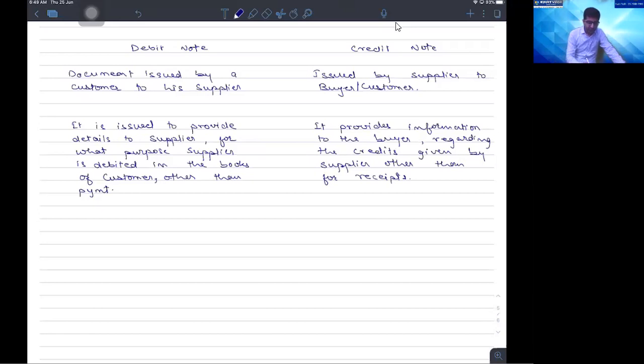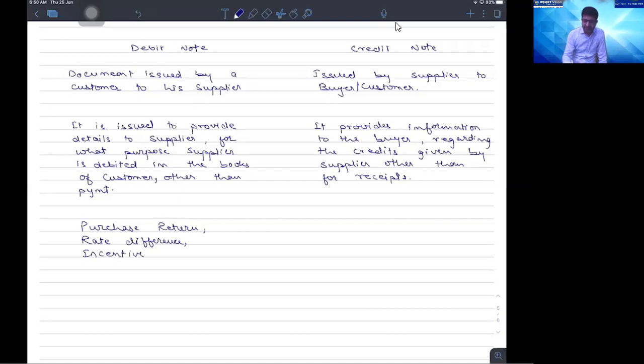For what purpose do you issue the debit note? Maybe the purchase return primarily, or even for rate differences, or even for any kind of incentives. So basically, to adjust the accounts, you issue the debit or credit notes.